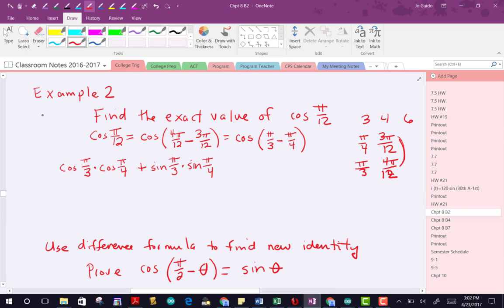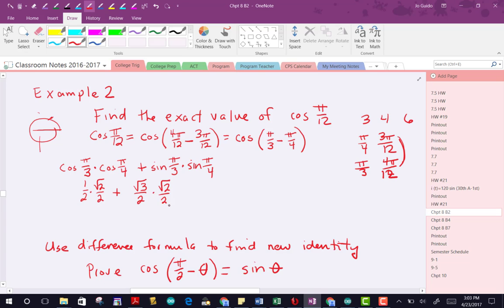So if we simplify this, we've got square root 2 over 4 plus square root 6 over 4, which if we simplify it like we did the other one, we're going to get 1/4 times square root 2 plus square root 6.